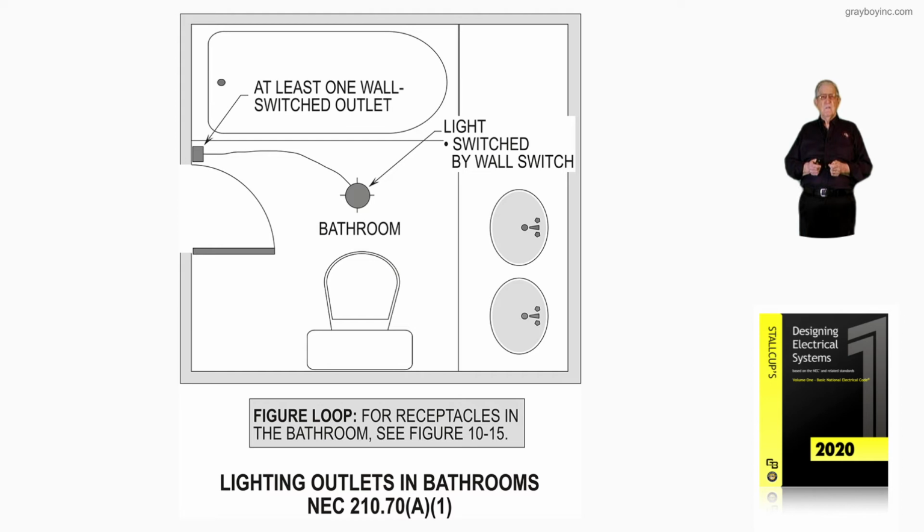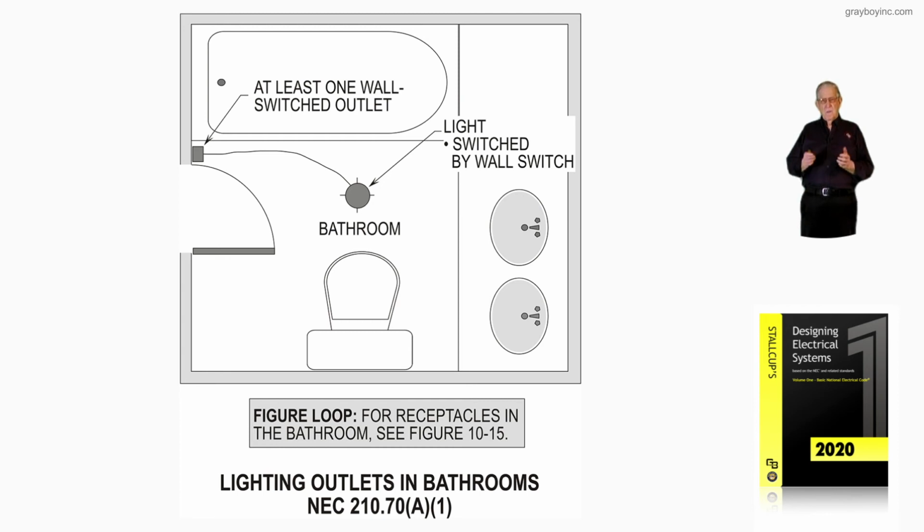So this figure 11-7 is a very simple illustration that illustrates the lighting outlets in bathrooms in accordance with 210.70(A)(1). But let me mention to you that if there's receptacles in there, then they would be installed in accordance with 210.52, but they'd be GFCI protected by 210.8(A).